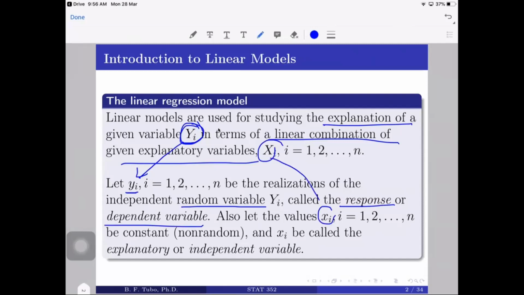And the realization for each of the capital X here will be denoted by small xi, i from 1 to n. We assume that these x's, this explanatory or independent variable, are non-random or constant or fixed. So by assumption, the x's are fixed and the response will be the random variable.